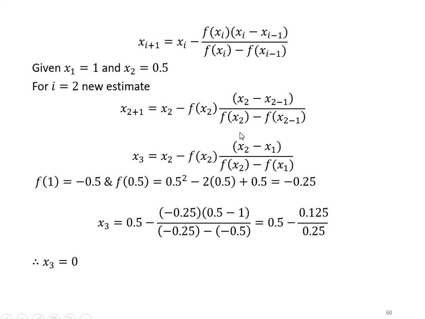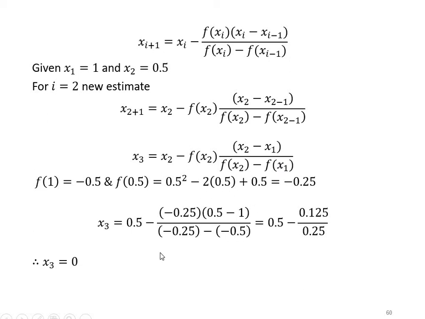Then we can come and substitute in our method to get x3. So this will be x2, 0.5, f of x2, minus 0.25, x2, 0.5, x1, 1, over f of x2, minus 0.25, minus f of x1, which is equal to 0.5.